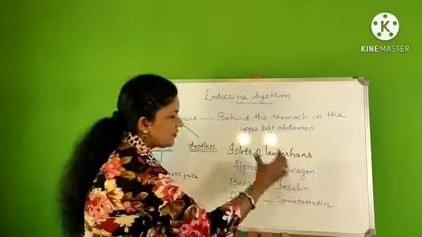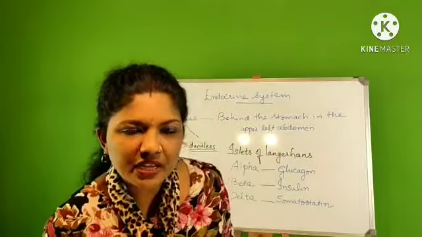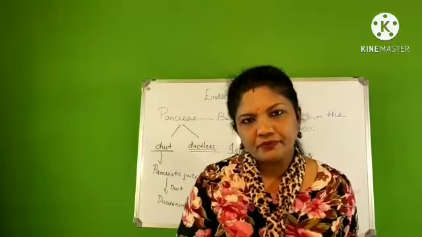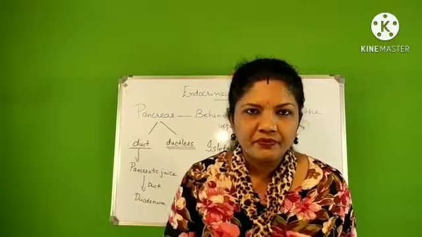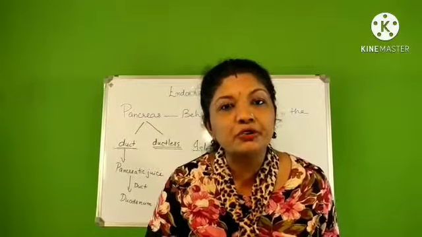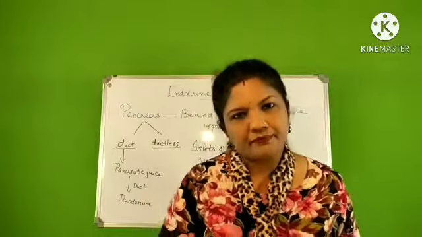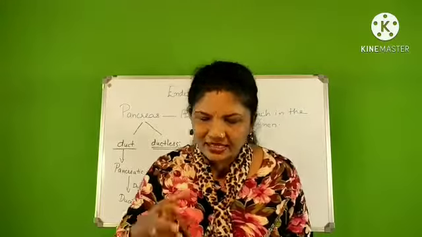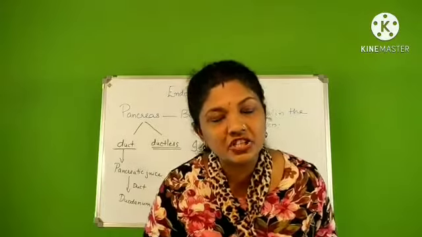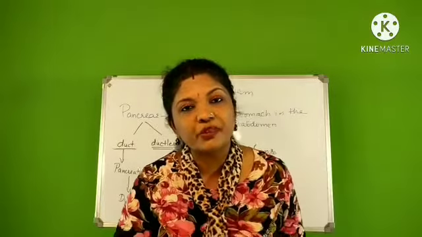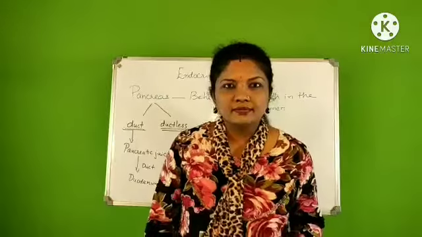Now let us discuss the functions of all these hormones. We will start with insulin. What is the function of insulin? Insulin promotes the utilization of glucose by the body. At the same time, it promotes the conversion of excess glucose of the blood into glycogen of the liver.